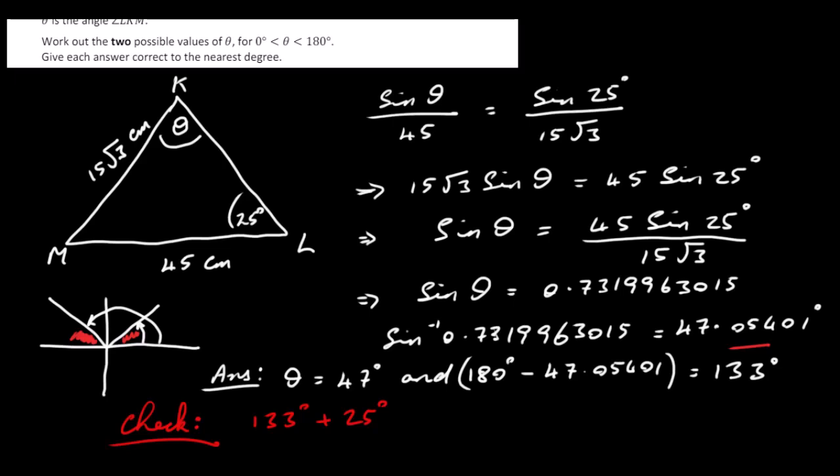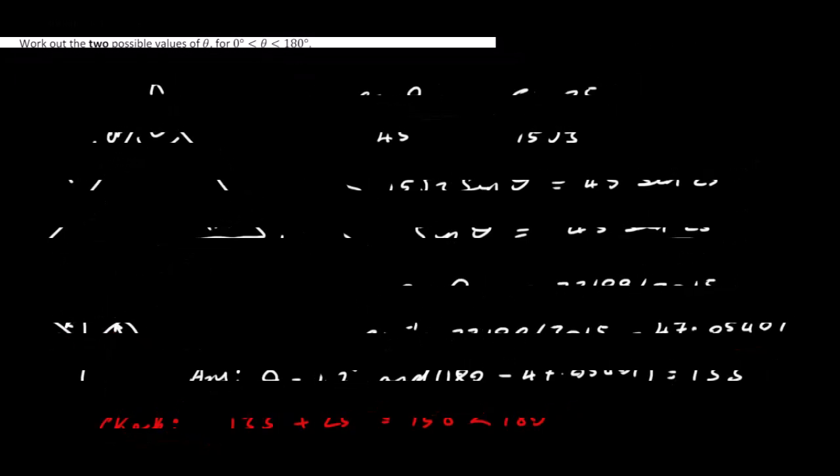If that's greater than 180 degrees, then you know this 133 couldn't possibly be one of the angles. But I think we're going to be fine here. It's 133 plus 25, that is 158, which is less than 180 degrees. So it is possible to have an angle of 133 degrees in our triangle. Okay, so that's fine. There are two answers, and that's it for this question.